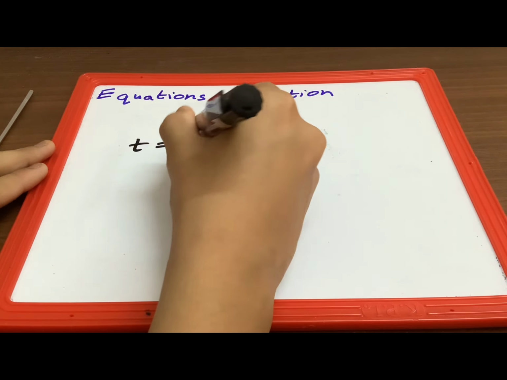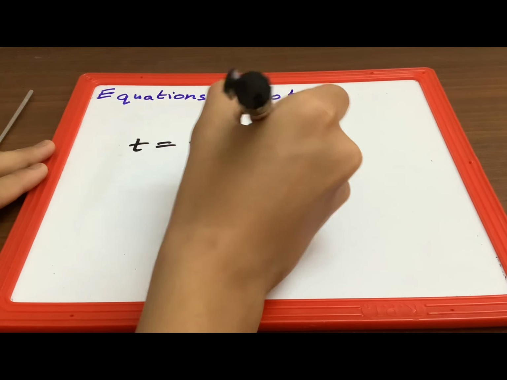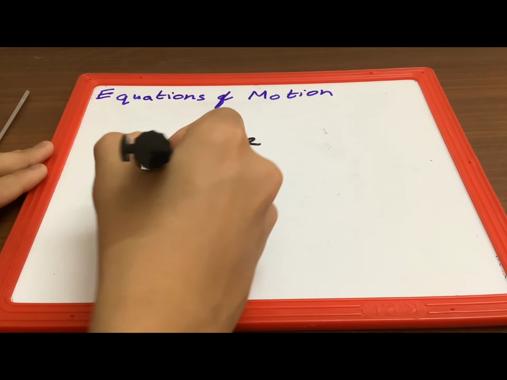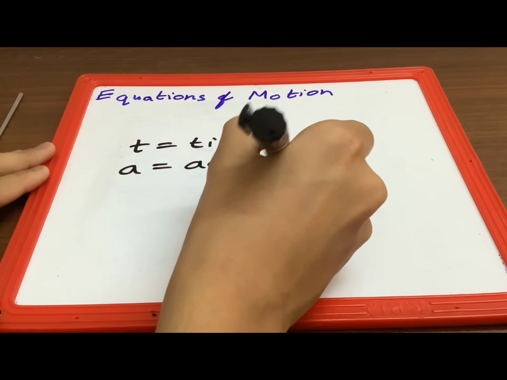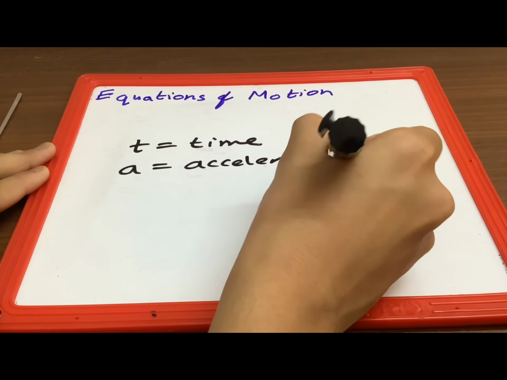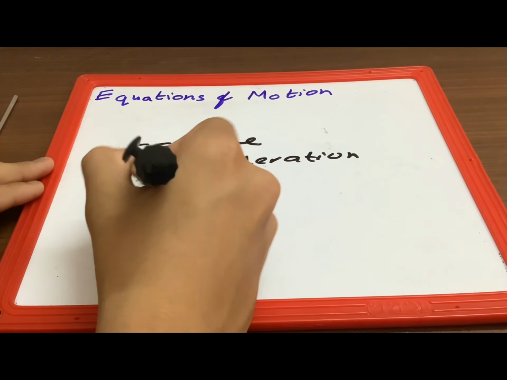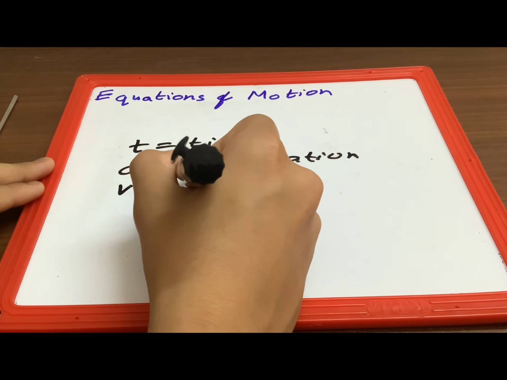T refers to time. A refers to acceleration. V will refer to final velocity.